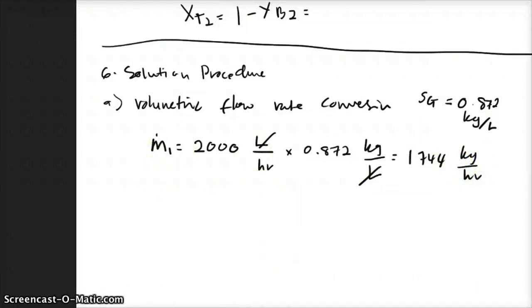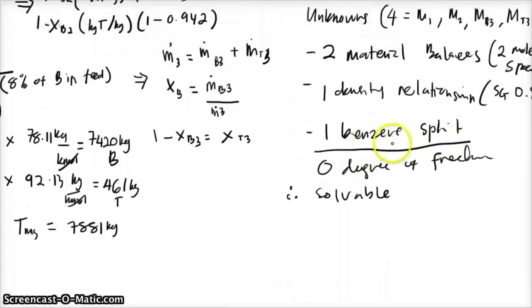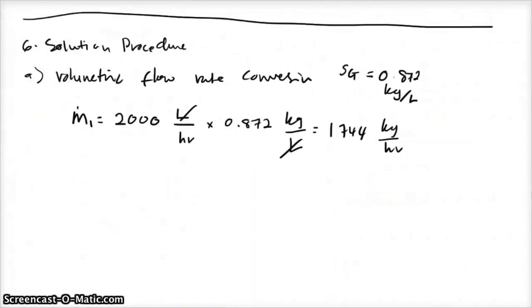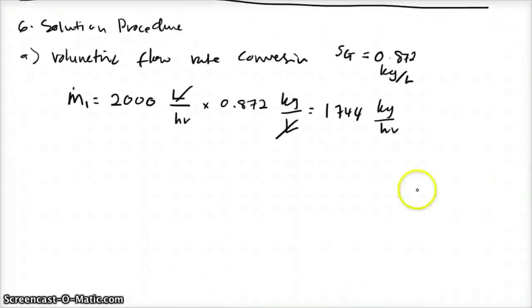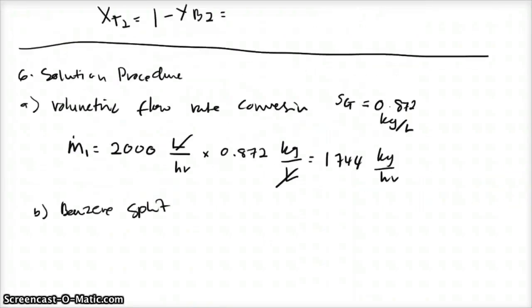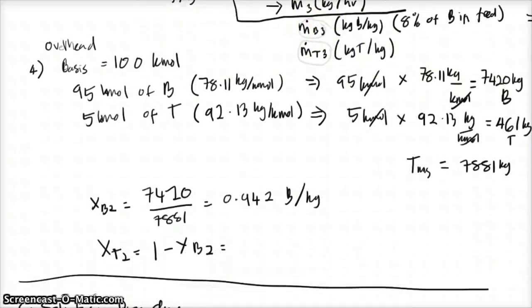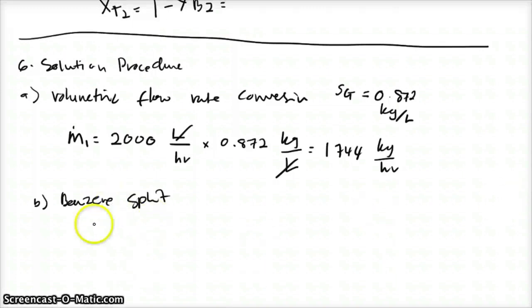And then next, using the degree of freedom, we can use the benzene split fraction, and hence to utilize that, let's use B, so benzene split. So it says like 8% of the benzene went to the bottom product. So benzene is MB3. So we can find mass flow rate of B3.